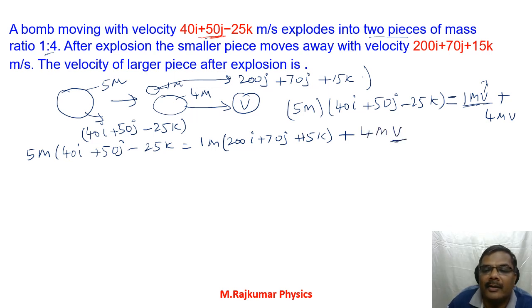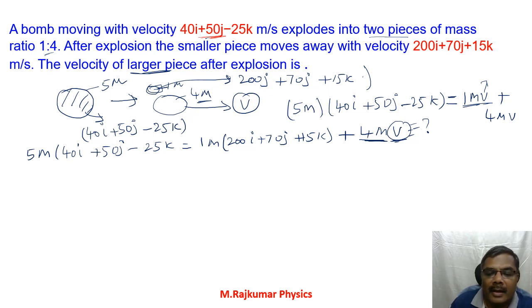This v only we have to find out. They are asking the velocity of the larger piece, which is 4m, because the 5m bomb exploded into 1m and 4m.